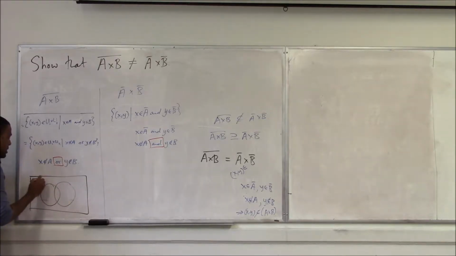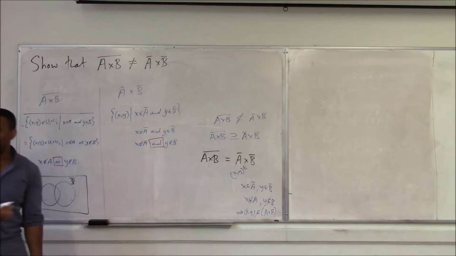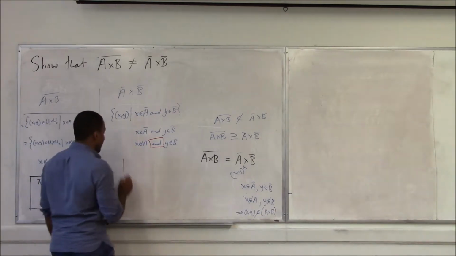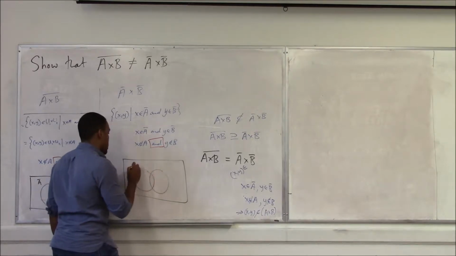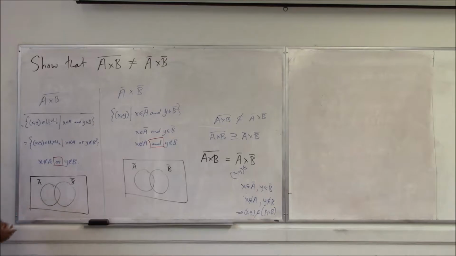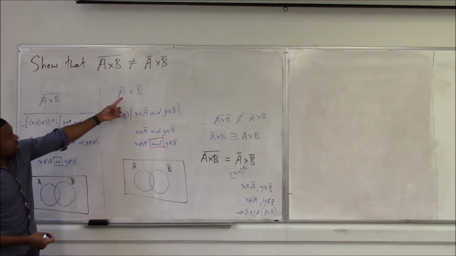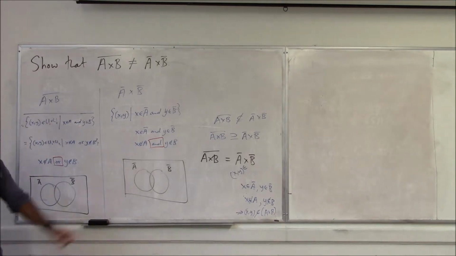So let's say that's A complement, that's B complement, right? Which is weird, I'm drawing them as circles, not sets. And here, that's my A complement, that's my B complement, right? So the coordinates that deal with this guy are the coordinates that live where? Where do they live on this picture?